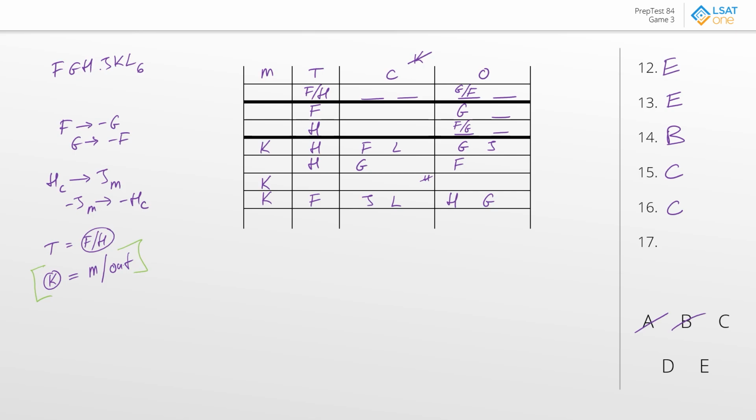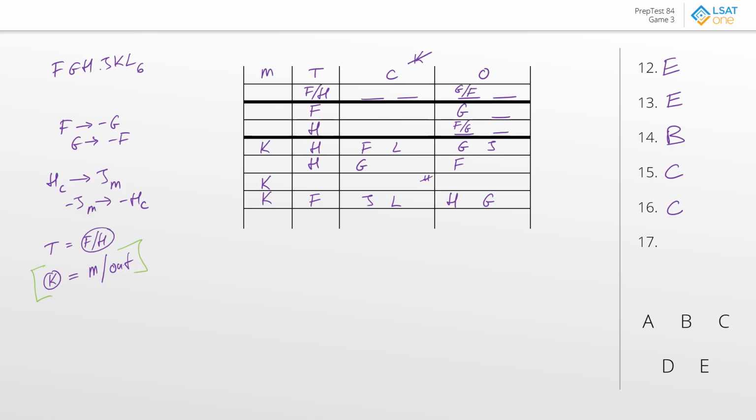This wouldn't guarantee that K is going to either be the mayor or alternatively have to be out. Now, you might want to leave this answer choice open just because we haven't quite proven that, but at the same time, there doesn't seem to be any merit to this. It doesn't seem like it would lock K outside of the counselor position. It seems like it would leave open the possibility that K could still be a counselor.